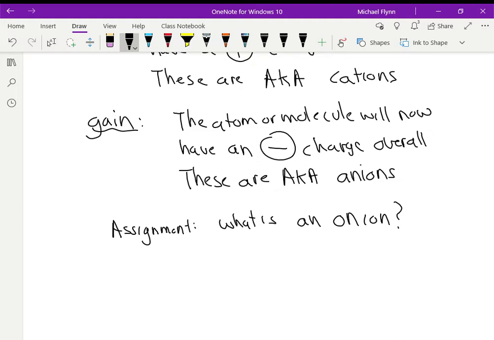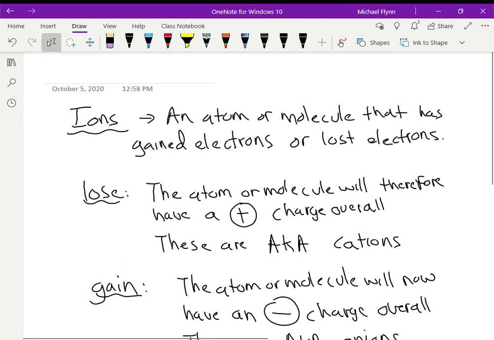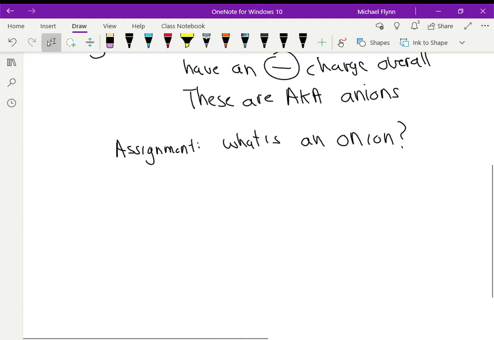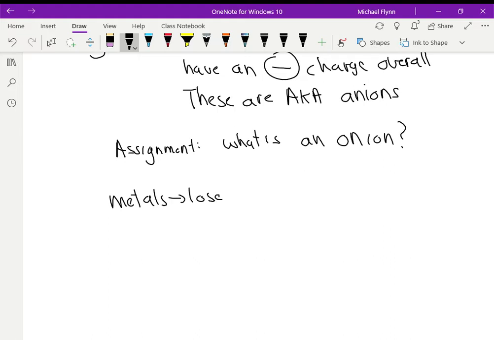All right, so now you know what an ion is. An ion is a charged atom or molecule. The way you get charged is you either gain electrons to become negative, those are anions, or you lose electrons to become positive, those are called cations. Generally speaking, metals like to lose their valence electrons to become stable, and therefore form cations.